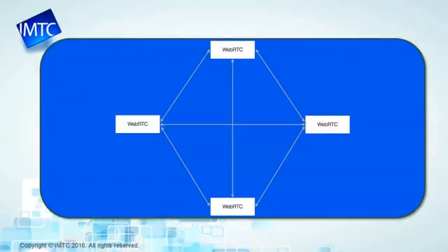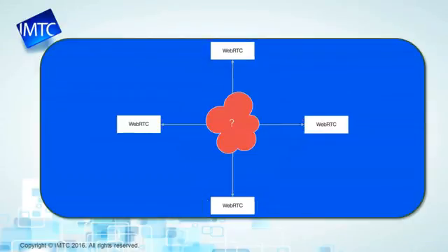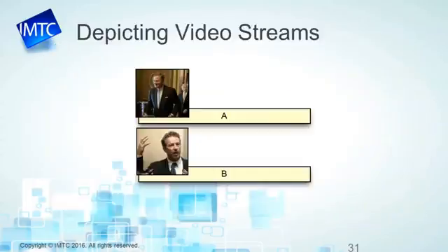So you probably want some entity in the center, everybody transmits to that entity, and that entity decides what to transmit back to the participants. I want to explore a little what that red thing in the middle may be.